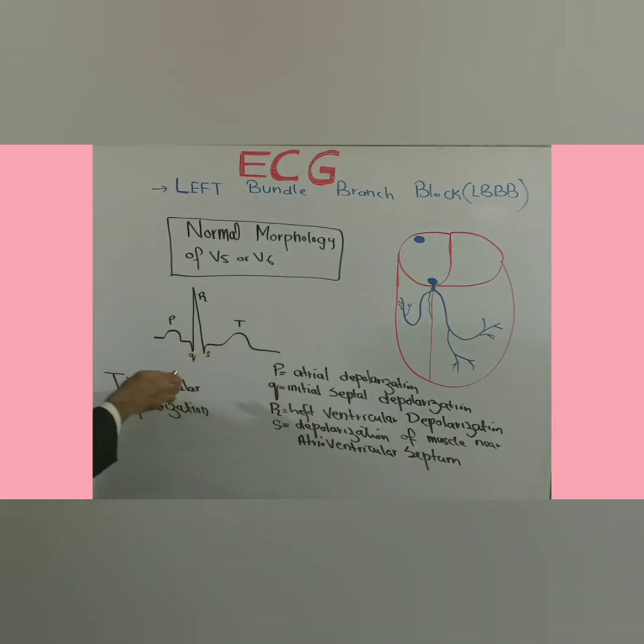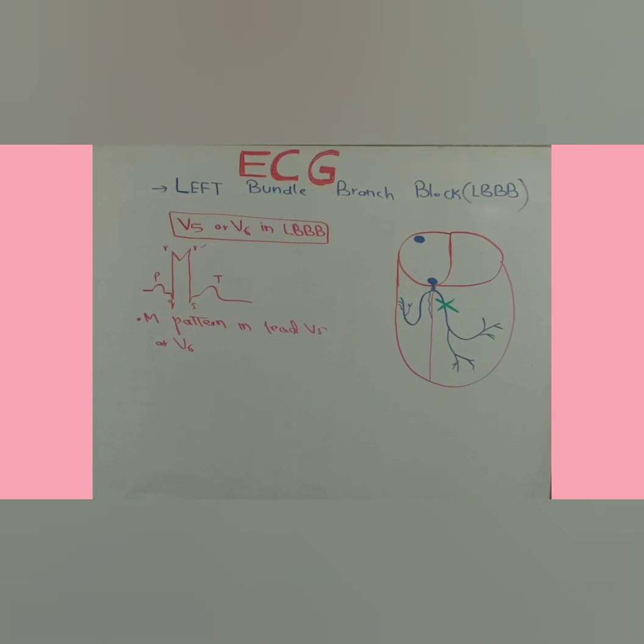That is why it makes a very small downward deflection, which is known as the S wave. And T, obviously, we have discussed so many times, the T wave is because of the ventricular repolarization. So this is the normal morphology of V5 or V6 when there is no left bundle branch block present. Now let's take the example that there is a blockage.